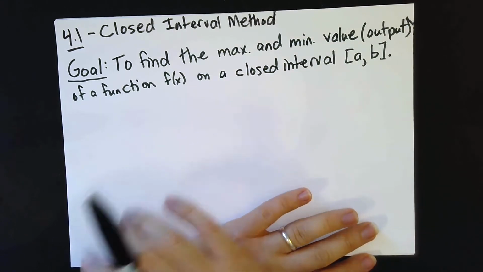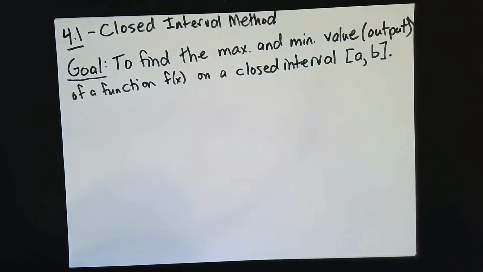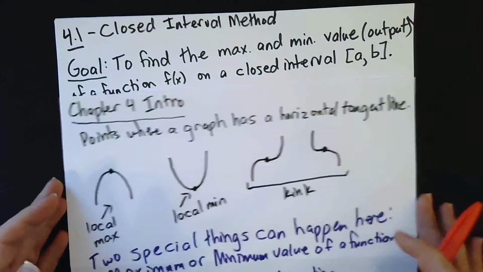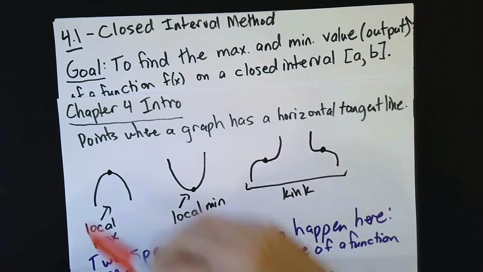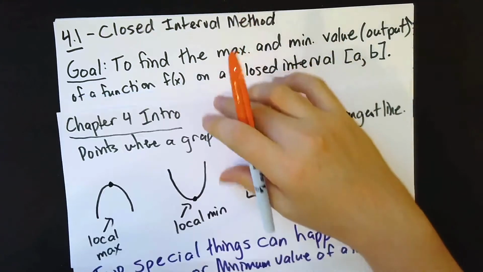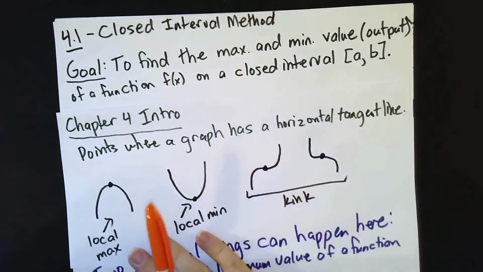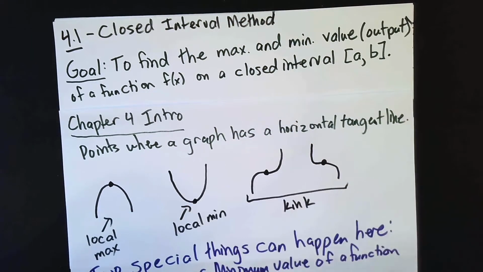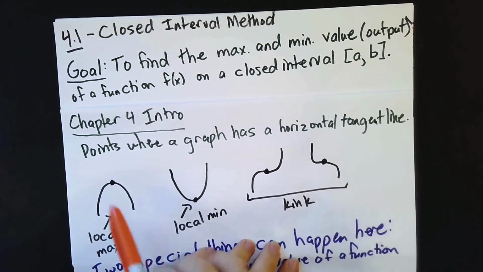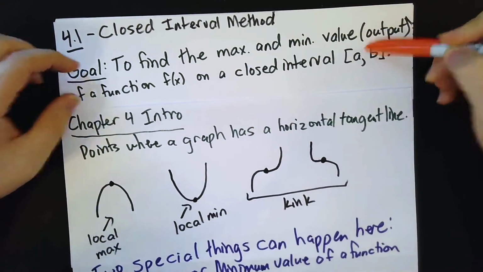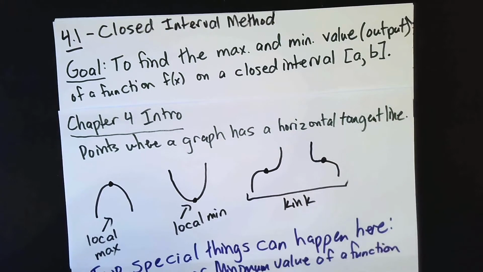Now, you'll recall from the last video that we talked about a local max and a local min. And for the most part, our biggest value and our smallest value are going to happen at a local max and a local min. But if I want to distinguish between the term local max and local min and the thing I'm finding in the closed interval method, I'm going to use the word absolute or global.